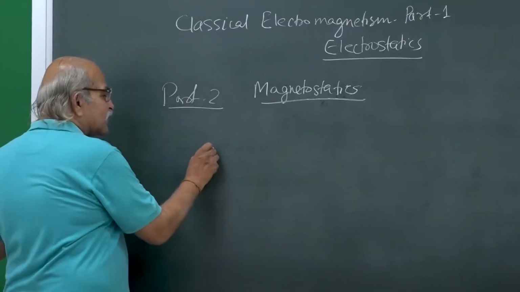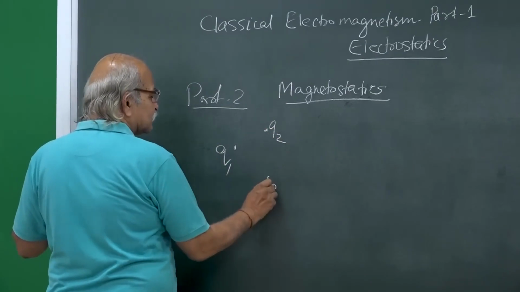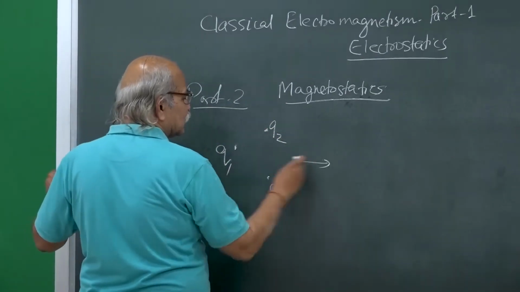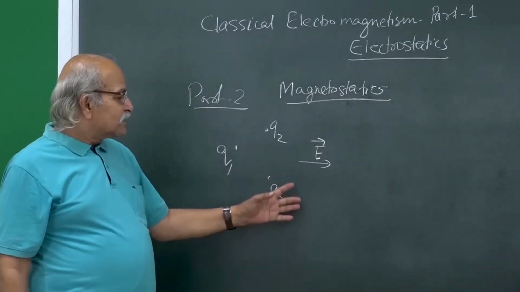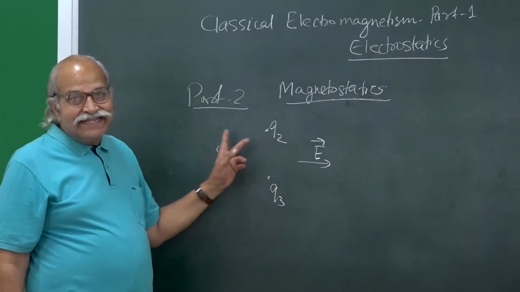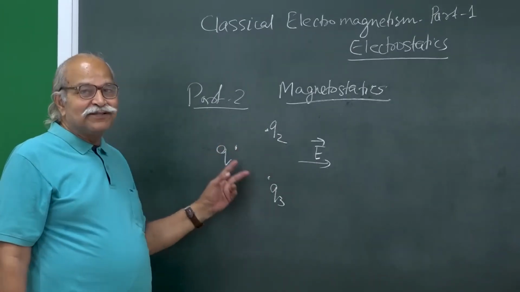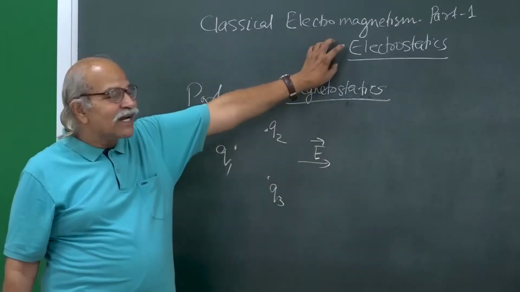In electrostatics you have some Q1 placed here, some Q2 placed here, and so on, and then they produce some electric field. This is how electrostatics is described, and these things should not change. There should not be any time dependence on the charge distribution in principle. That is the definition of electrostatics.